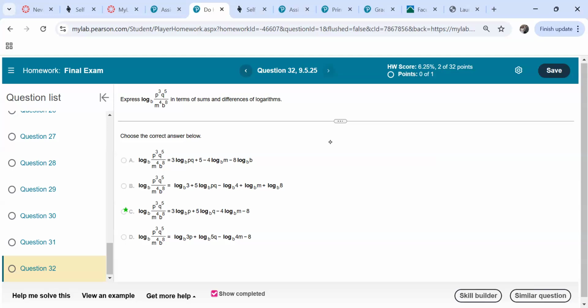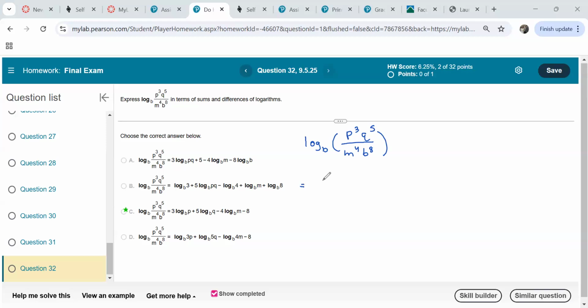And then this last one, we want to express this logarithm as the sum and difference of different logs. So we have log base b of p cubed, q to the 5th, over m to the 4th, b to the 8th.